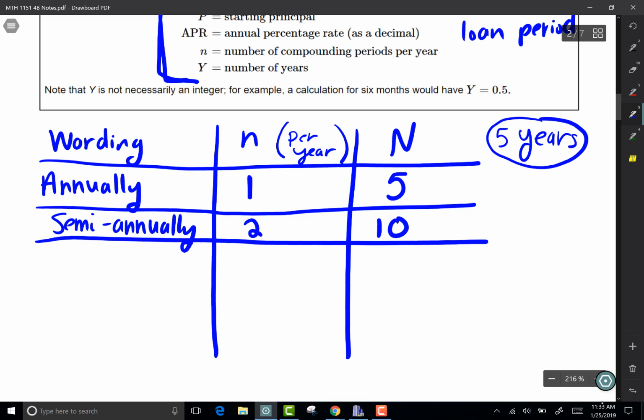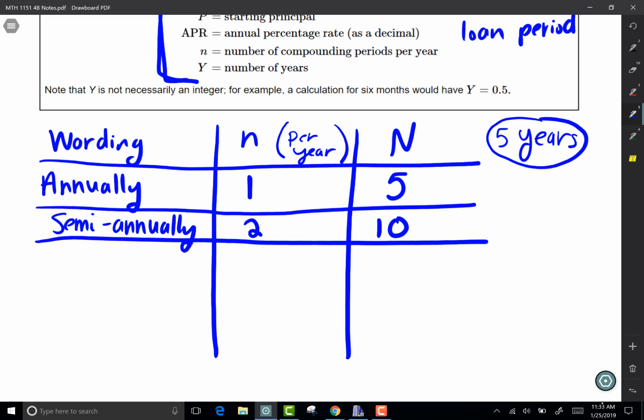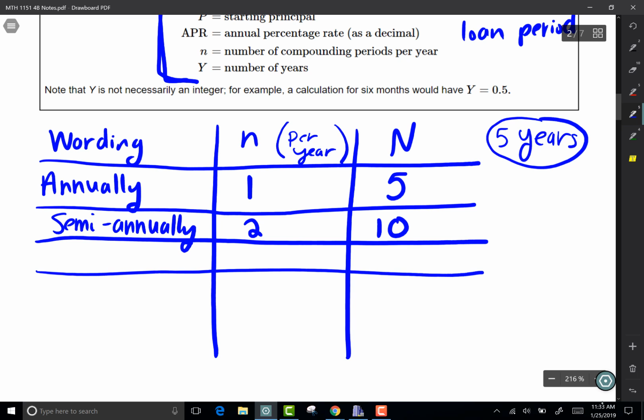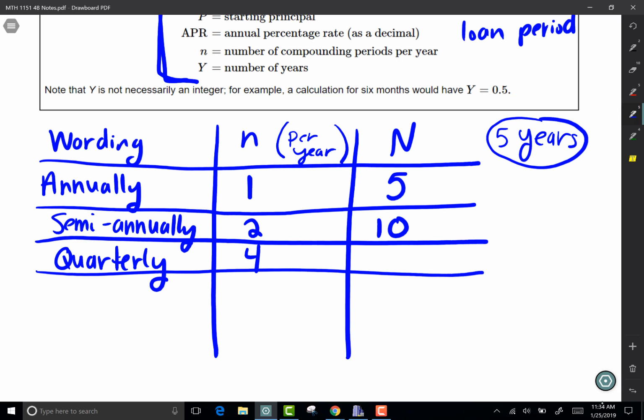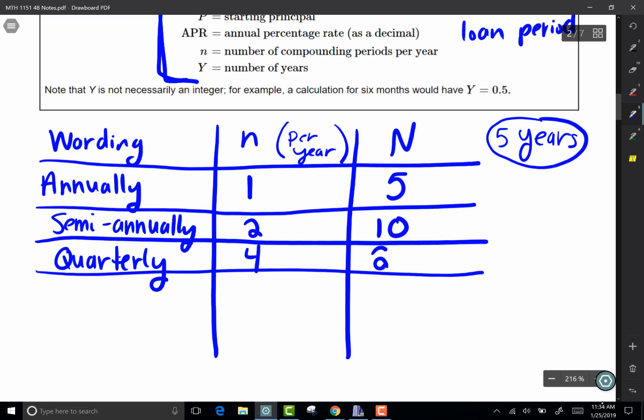It's compounded 10 times over the entire time of the investment. If it's compounded quarterly, that means 4 times a year. And over 5 years, 4 times a year for 5 years, big N would be 20.